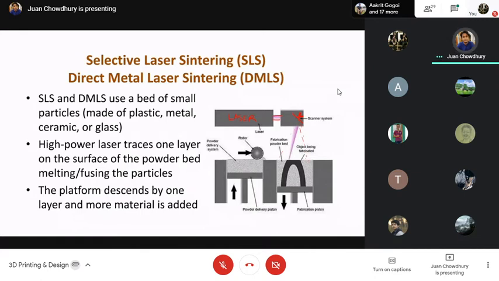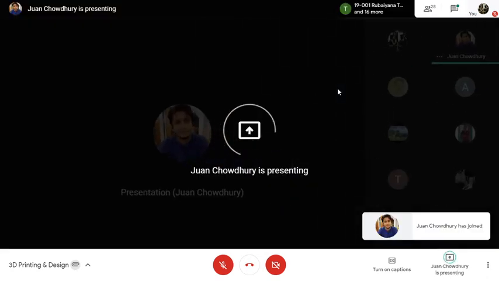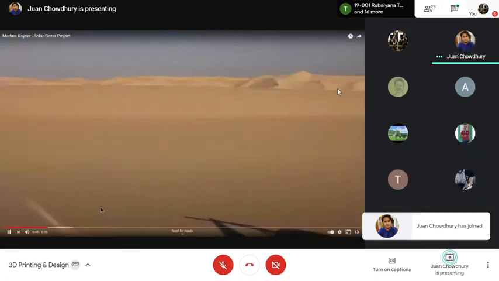Look at this idea. In this sand printing system they are using solar radiation. Just a second, let me switch the screen. Can you see the video?